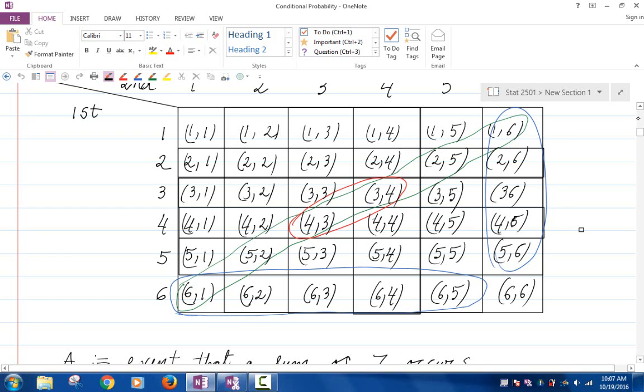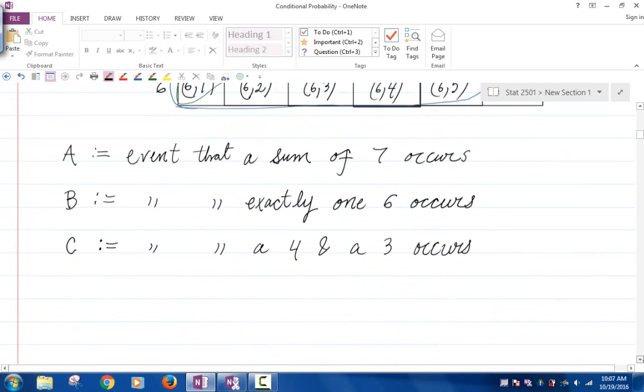So which one is A, which one is B, and which one is C? A is green, okay. Which one's red? Red is C. And which one is blue? Okay.